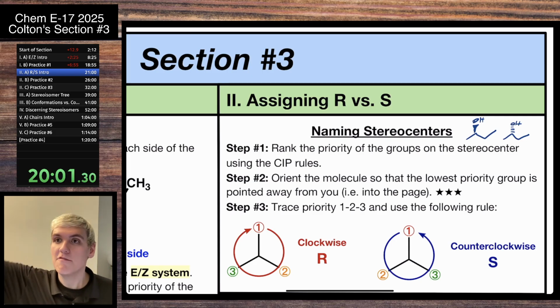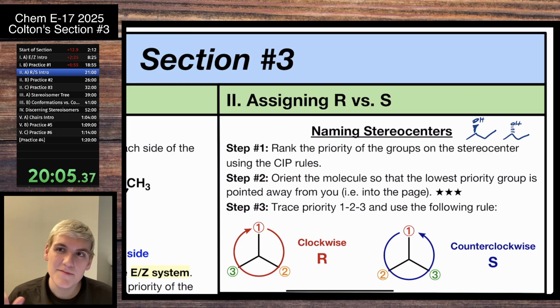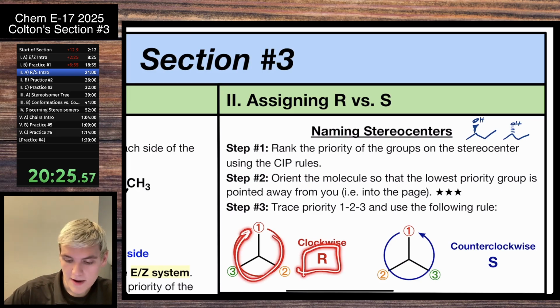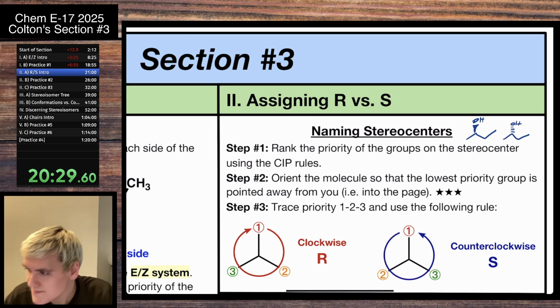They just had to say, everyone follow these rules so that we're all on the same page with our naming. And this is going to be a little bit different than what we actually do in practice to figure out the name. So we'll talk about that in a minute. But they say, okay, orient the molecule so the lowest priority group is going away from you. And then trace the priority 1 to 2 to 3. And if, when you trace that, it's clockwise, we are going to just call that R. And if the priority as we trace from 1 to 2 to 3 is counterclockwise, we call it S.